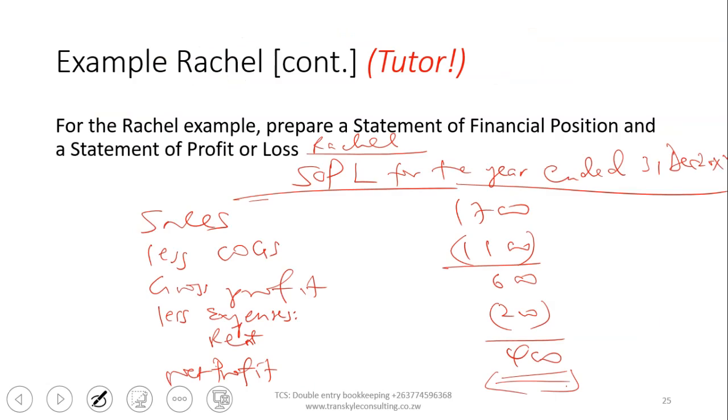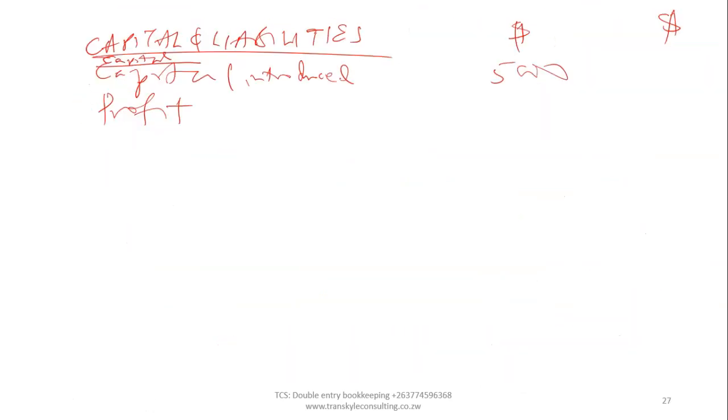The profit figure, we found it from the income statement. This 400 is the profit we are talking about. Then we have to deduct drawings which were made by the owner. The owner makes drawings from profits. So we then come up to 5.3.